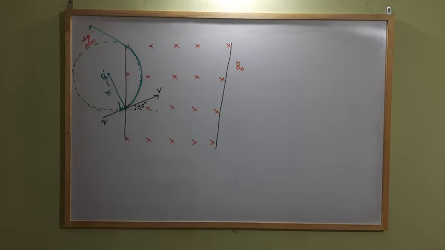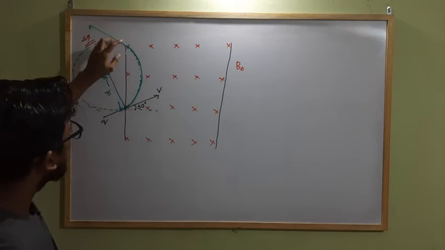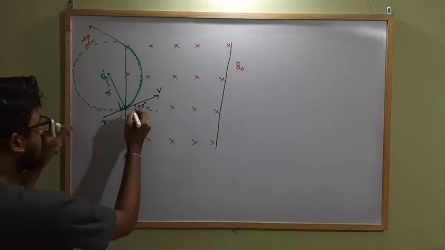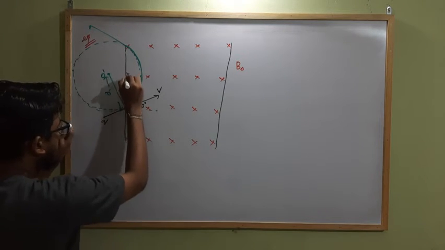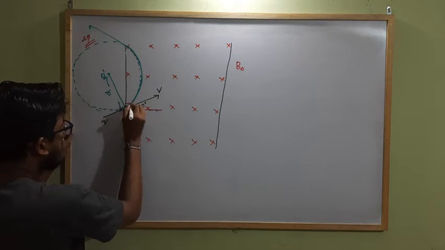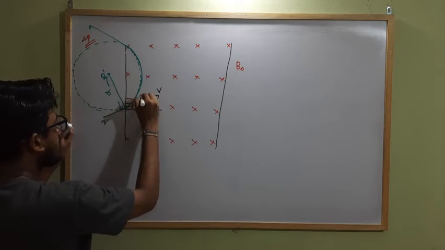So the time period up to which the charged particle will remain inside the magnetic field. As this angle is 30 degree and this is the vertical, this the horizontal, there will be this 90 degree, so this is 30, so this angle will be 60.